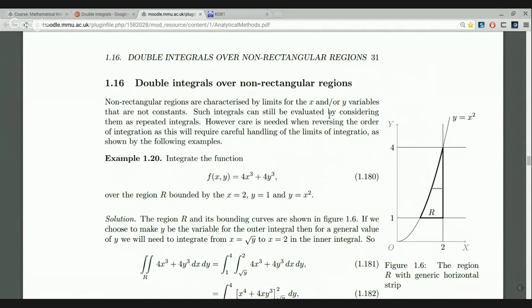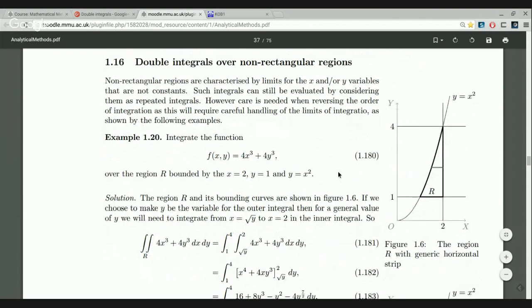And the main point about these is being able to recognize them when you encounter them, and also being able to change the order of integration correctly. So it's best to look at an example.